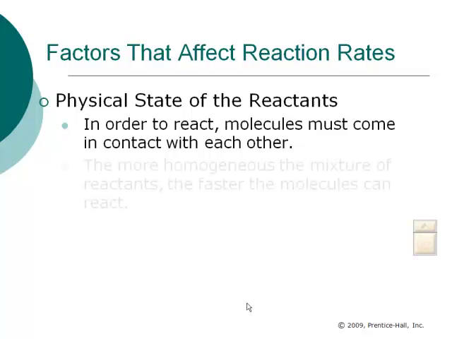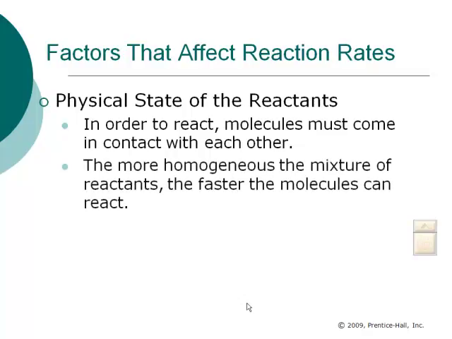And in order for the reaction to proceed faster, the more homogeneous the mixture of the reactants is, in other words, the more it looks the same throughout, then the faster the molecules can react with one another. So the more heterogeneous the mixture looks, then the slower the reaction will happen. So you want the molecules to be thoroughly mixed with one another to readily enable a reaction to go in the first place.